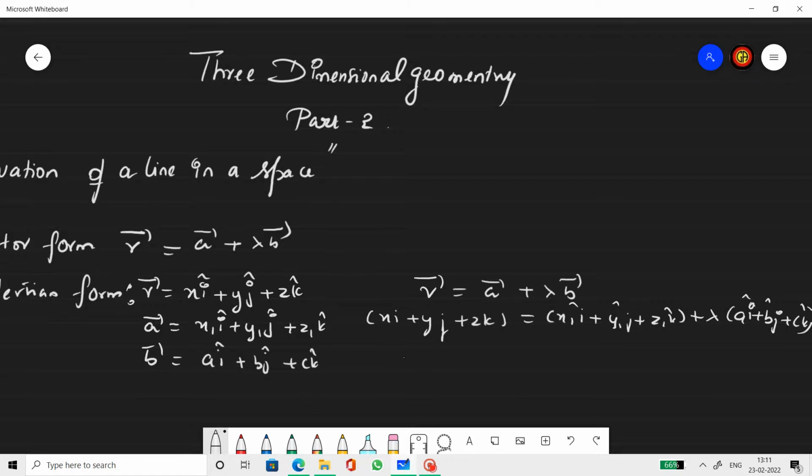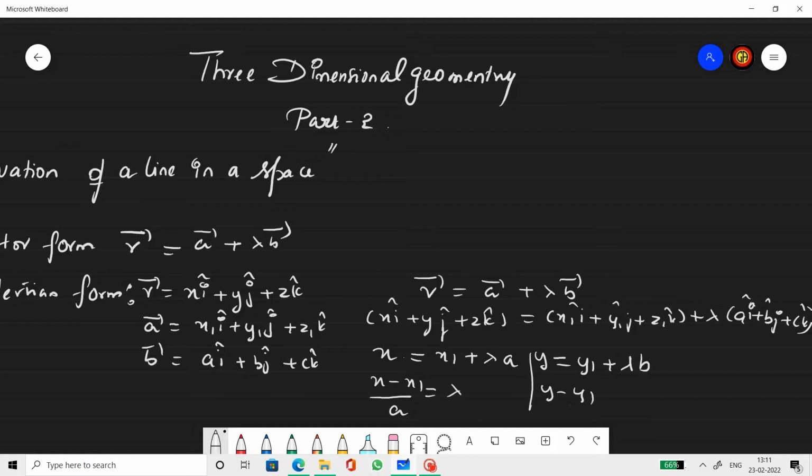Now, when you compare the coefficients of i on both sides, you get x equals x1 plus lambda a, which means x minus x1 by a is lambda. Like that, if you compare the coefficient of j on both sides, you get y equals y1 plus lambda times b. So y minus y1 by b equals lambda.